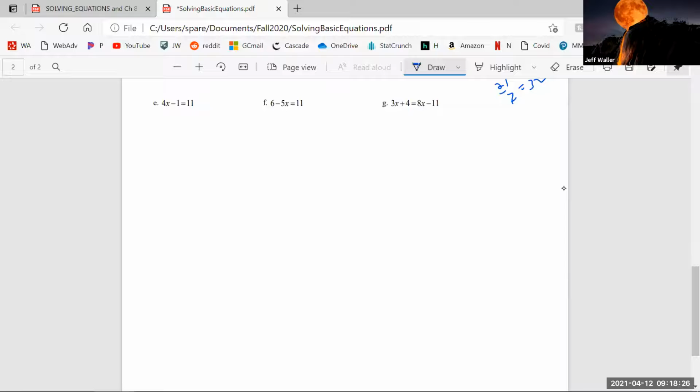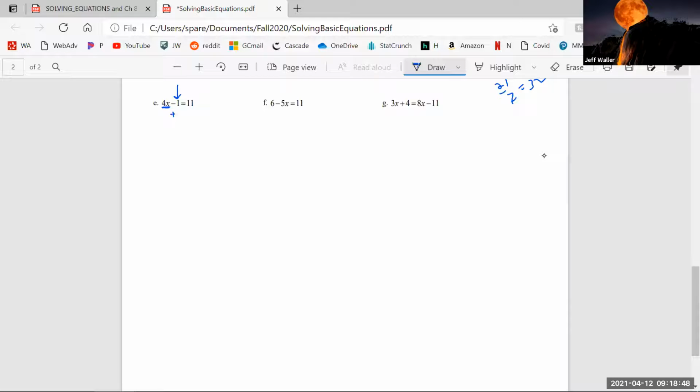So that's why most of the time, here's how you solve an equation. Find the term that has x in it and get it by itself first. Here's the term that has x in it. Here's the number I don't want. I want to get this thing by itself.